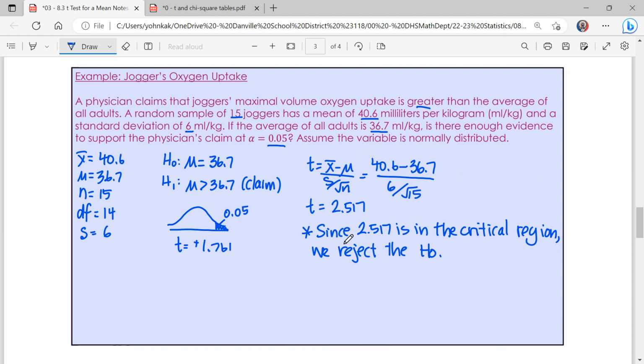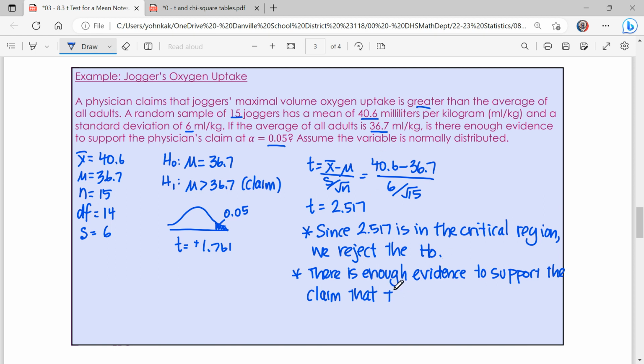Okay, so since we rejected the null hypothesis and our claim was the alternative, there is enough evidence to support the claim. And our claim was that the average was greater than 36.7.